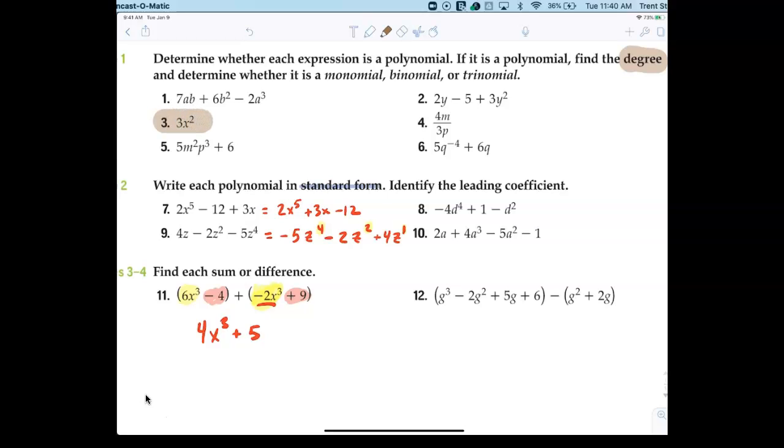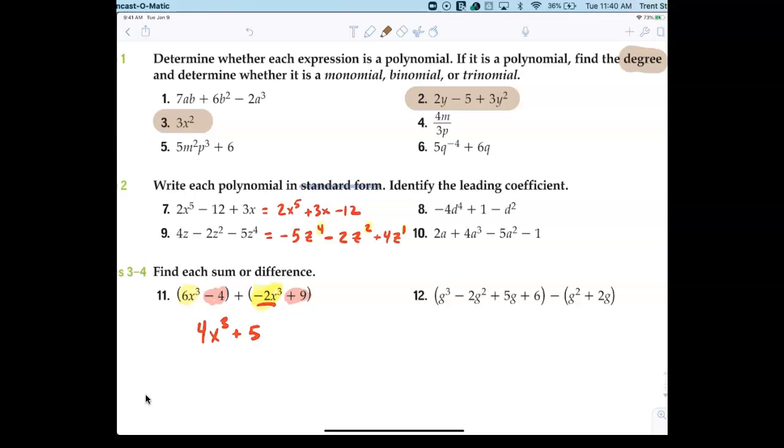Number 3 is 2, because the exponent is what? 2. And it's the largest exponent. Is everybody good with that? So now if I ask you for number 2, what's the degree of that? 2. Right, it's the largest exponent.